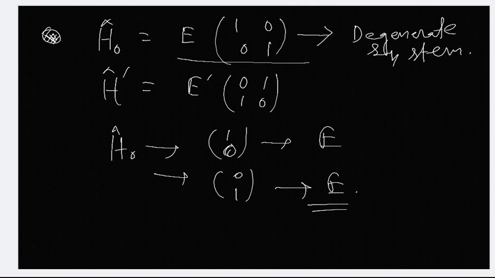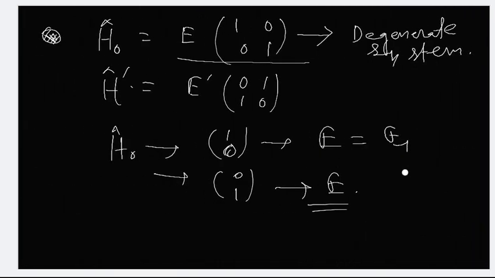Now look here. This is the perturbing Hamiltonian. If you want to find the first order correction, suppose this is E1 and this is E2. So E1 and E2 are basically the same. Okay. So the (1 0) state and the (0 1) state are degenerate. Now suppose you want to find E_1^1. So E_1^1 should be H'_11, which is 0.